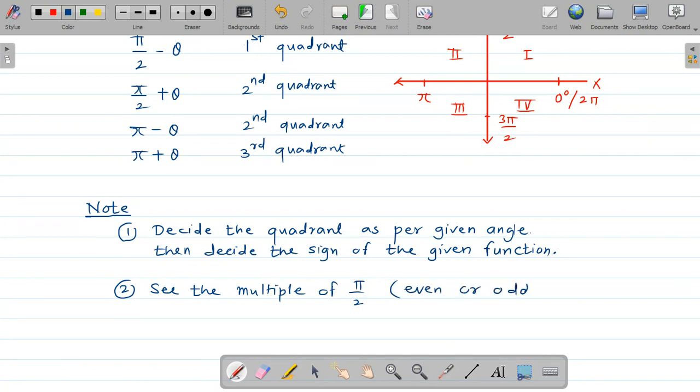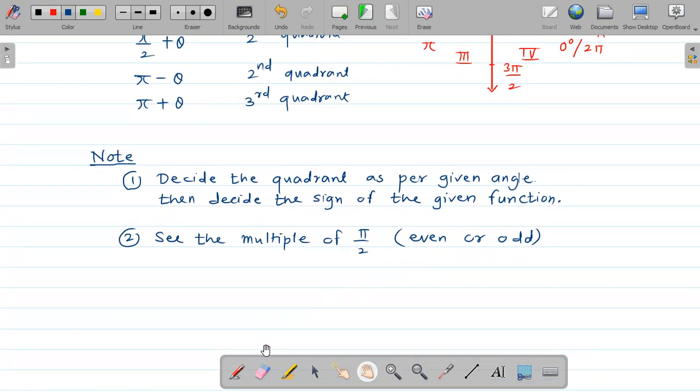See the multiple of pi by 2 means what we have to see? We have to see whether it is an even multiple of pi by 2 or an odd multiple of pi by 2. Suppose it is an even multiple of pi by 2, then what do we do? Then do not change the ratio.